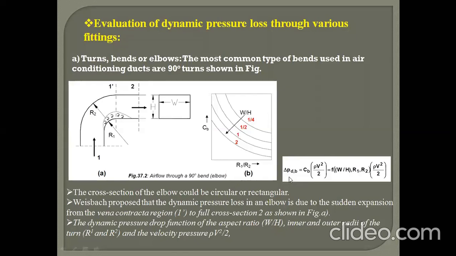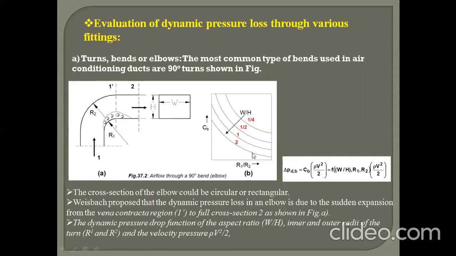Now, this dynamic loss because of bending is given by this equation, rho v square by 2 multiplied by CB. So this CB, as told earlier, that constant you may find out from experimentation, or it may be supplied by the supplier. So from the supplier's catalog also, the supplier provides you such a diagram, as shown in figure B, that CB versus R1 by R2.